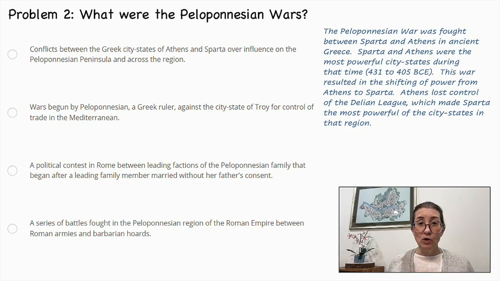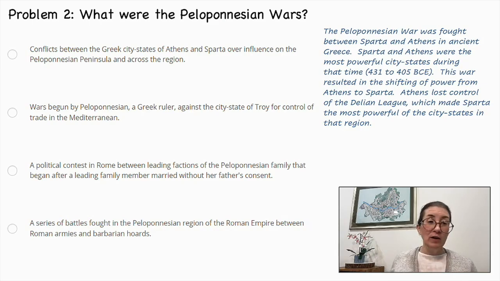The Peloponnesian Wars were fought between Sparta and Athens in ancient Greece. Sparta and Athens were the most powerful city-states during that period, 431 to 405 BCE. This war resulted in the shifting of power from Athens to Sparta. Athens lost control of the Delian League, which made Sparta the most powerful of the city-states in that region.